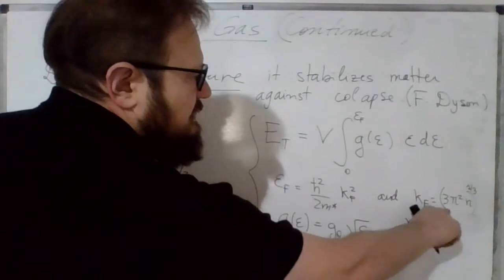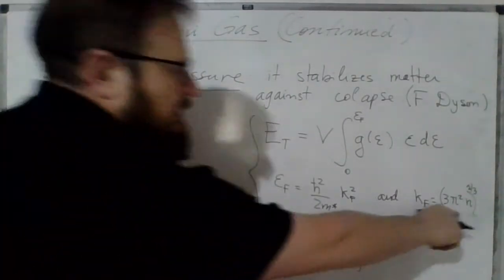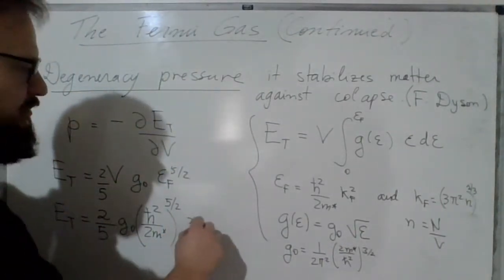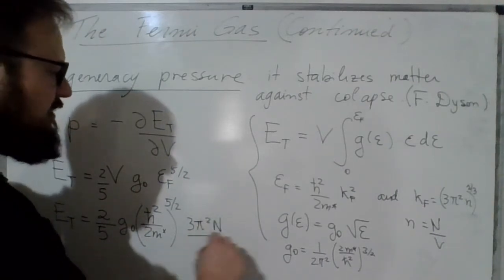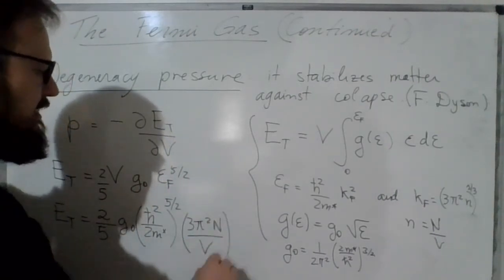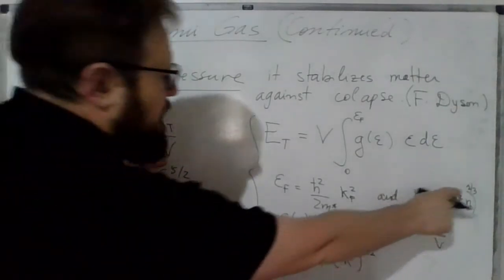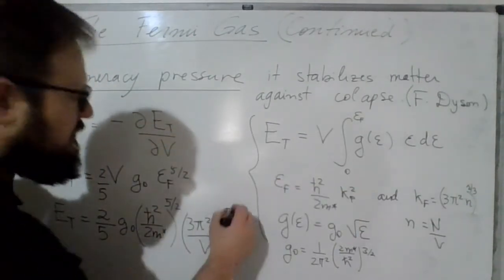And you have expressing the Fermi wave number in terms of the density. It will produce 3 pi squared times the total number of particles divided by the volume, to this 5 multiplying 1/3, and we have a square here.